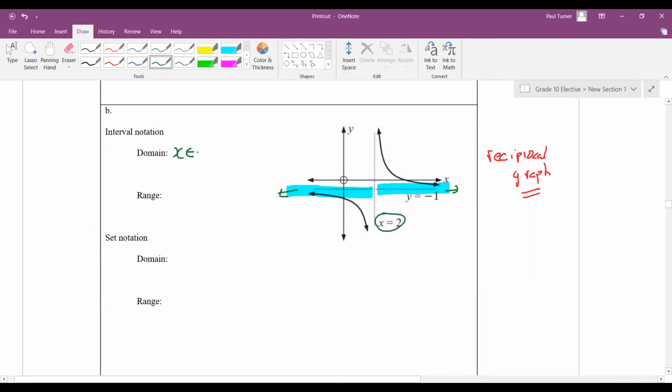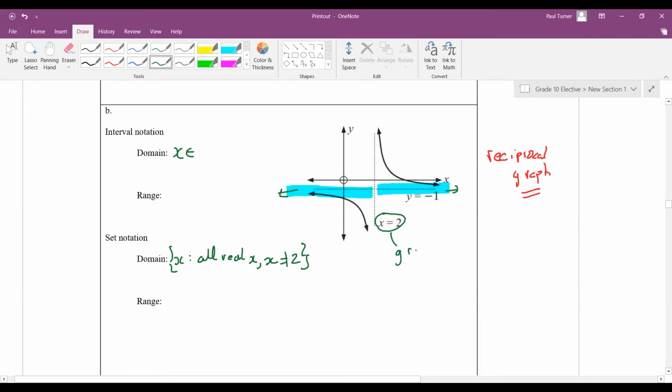So you would write, how did I do it before? This one's easy. I just write all real X. Let's do that one. X such that all real X does not equal 2 because your graph does not exist at this value.